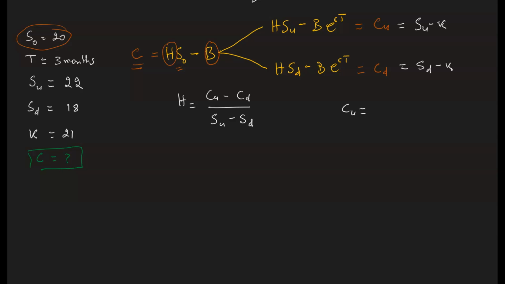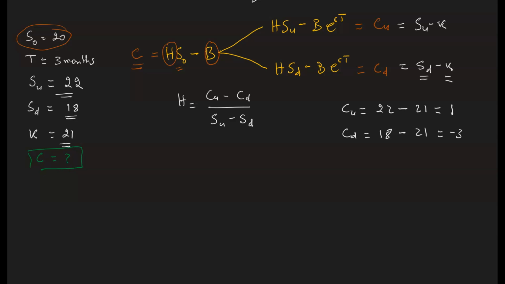Stock up is 22 minus strike price 21, which is 1, which means that call up is equal to 1. Call down is going to be equal to S down minus the strike price, so stock down, which is 18, minus the strike price, which is 21, and that is equal to minus 3.